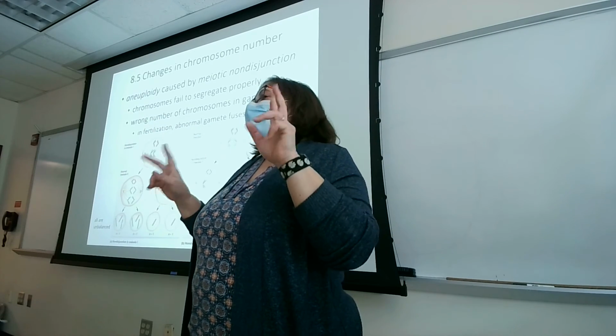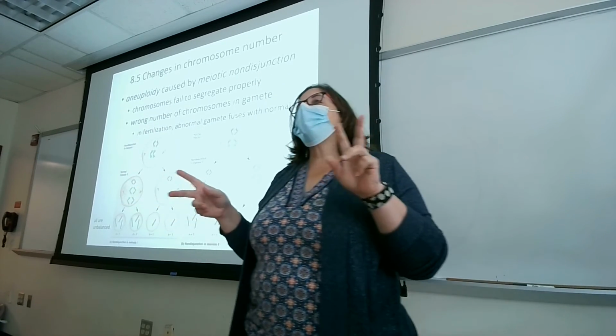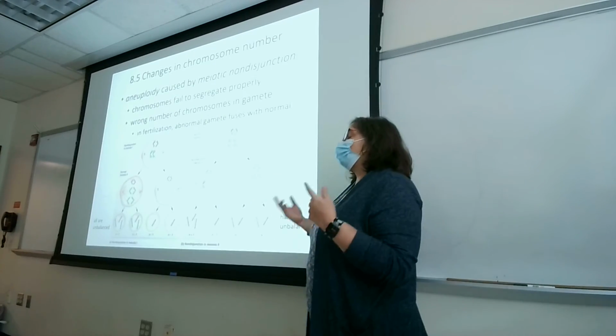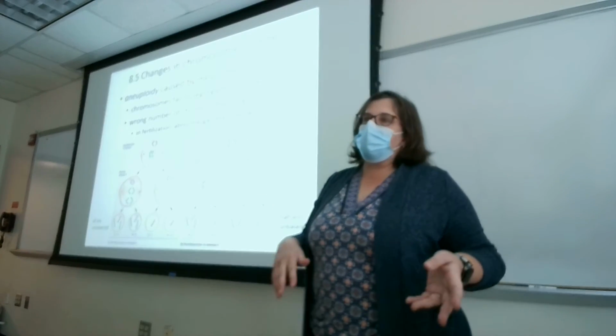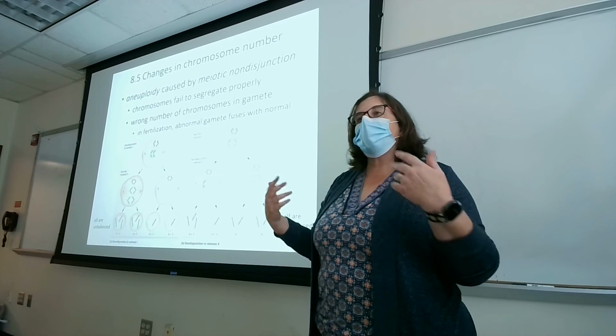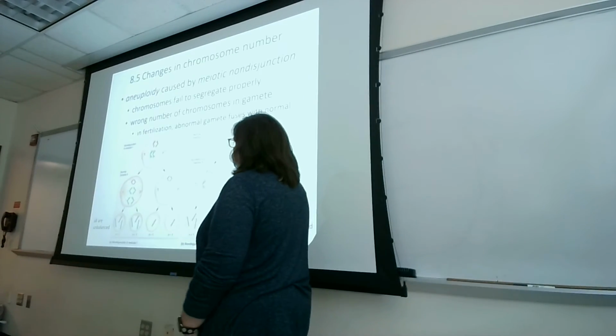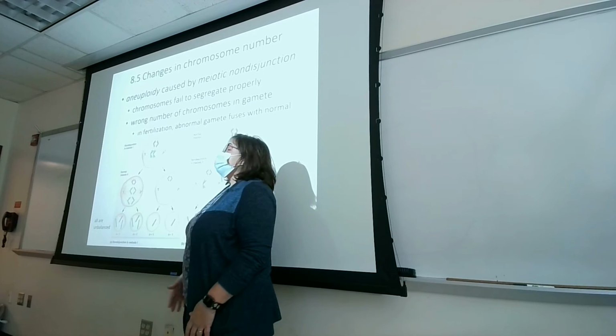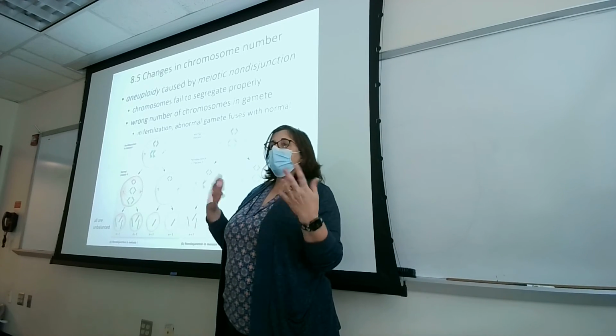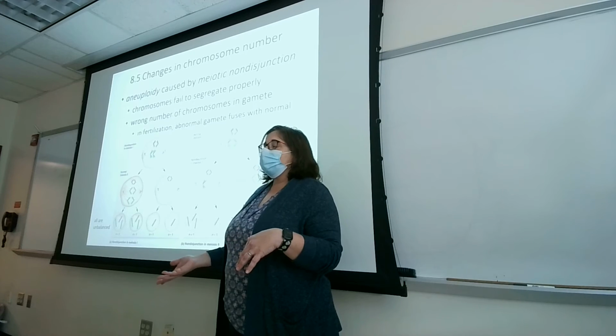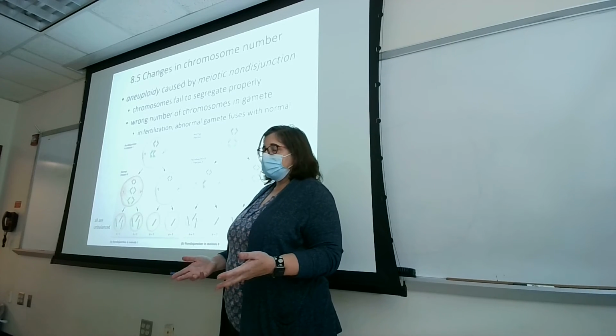But if that doesn't happen correctly, then you can wind up with gametes that have extra chromosomes or are missing chromosomes, and that's how you wind up with an individual who has trisomy or monosomy. And you can actually track which division, whether it was meiosis 1 or meiosis 2, where the problem actually happened.